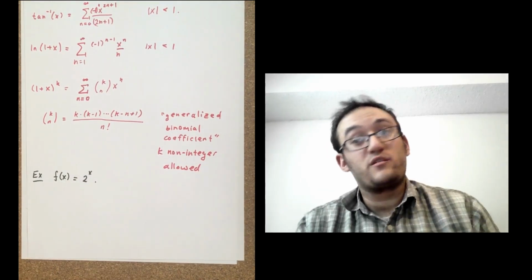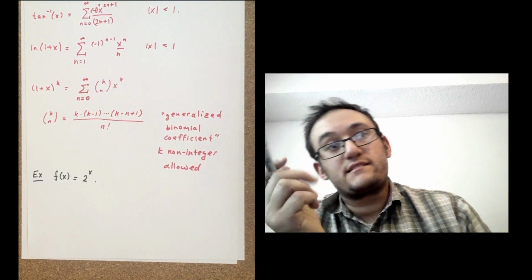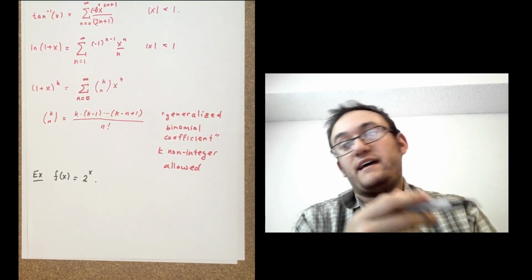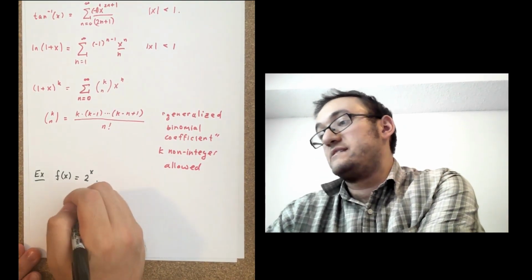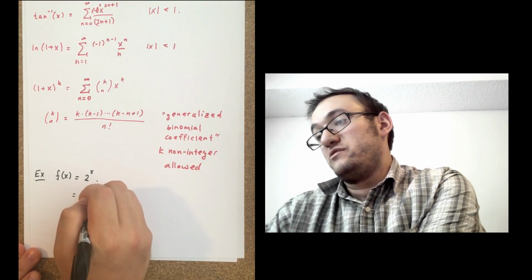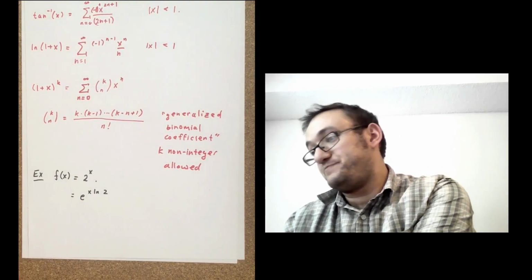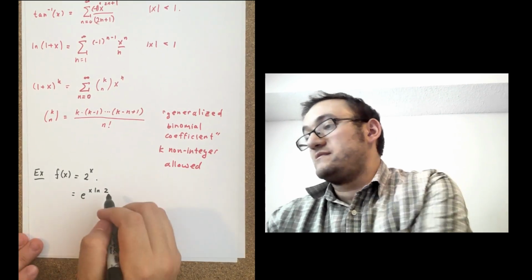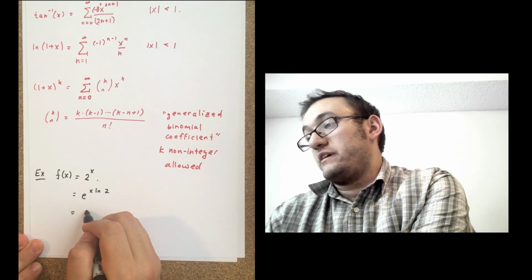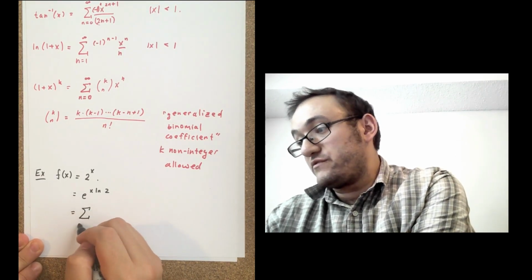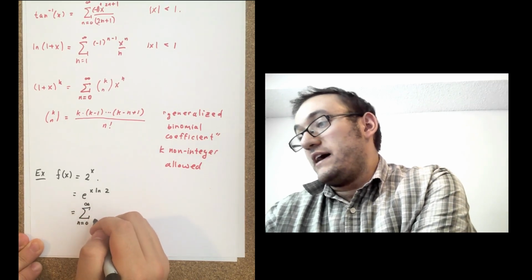Okay, so one way I could approach this is using the definitions. I could take the derivative, which is 2 to the x times ln 2, and then evaluate it and do that several times. Or I could re-express this as e to the x ln 2, another equivalent expression. And then I can just plug this into the Maclaurin series for e to the x, which is the sum from n equals 0 to infinity of x to the n over n factorial.